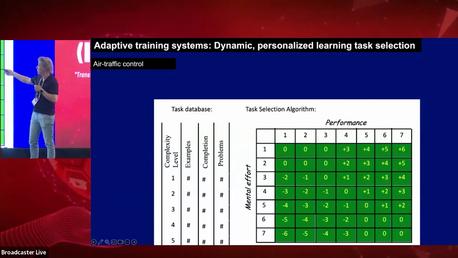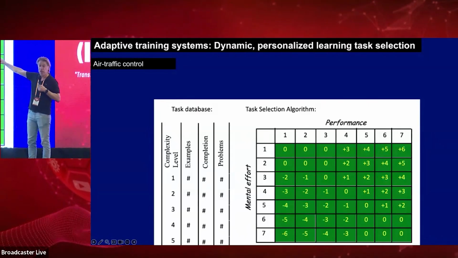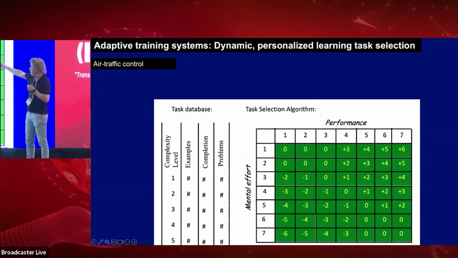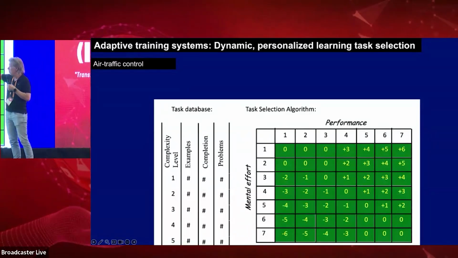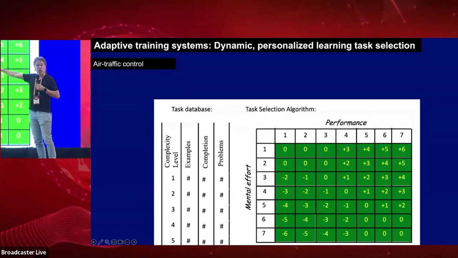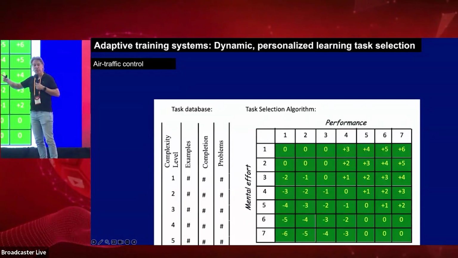So, for instance, if the performance was 5 on a 7-point scale, which is high, and the mental effort was, let's say, 2, which is low, then the student will get a problem go 3 steps up.